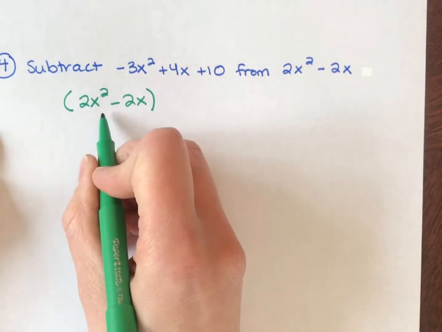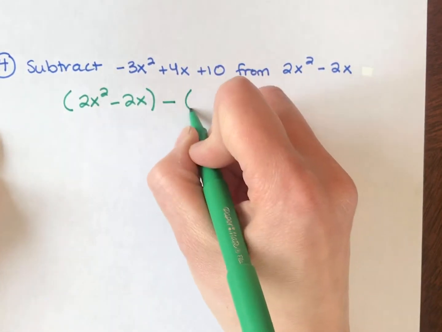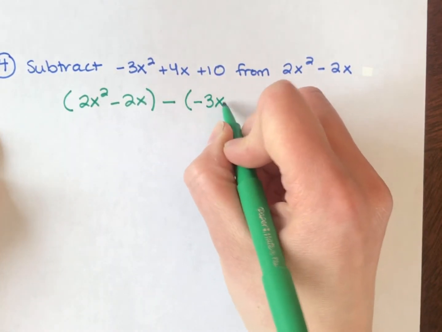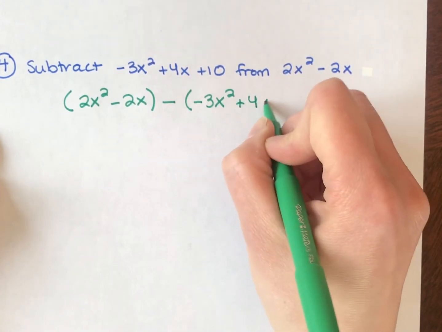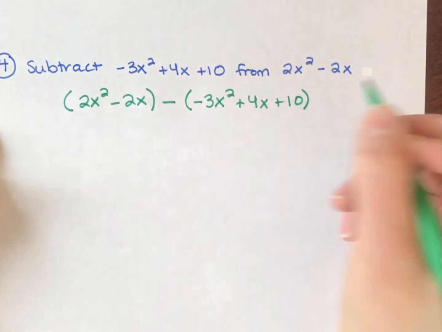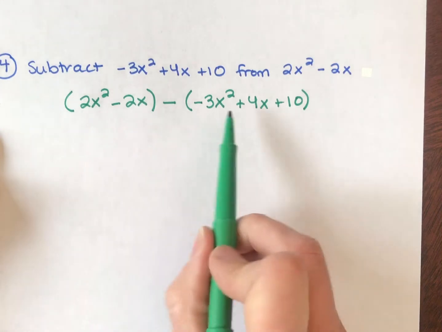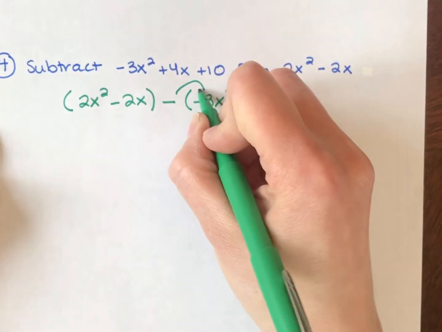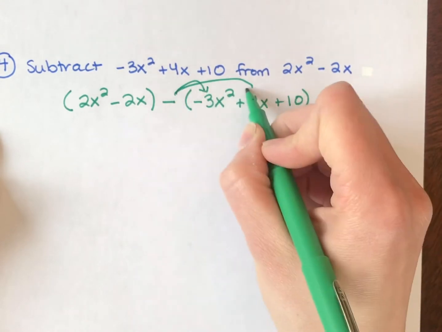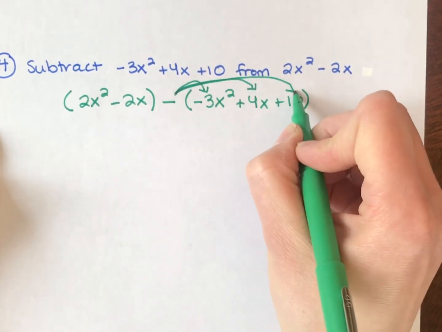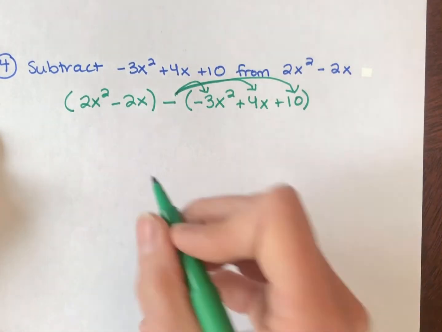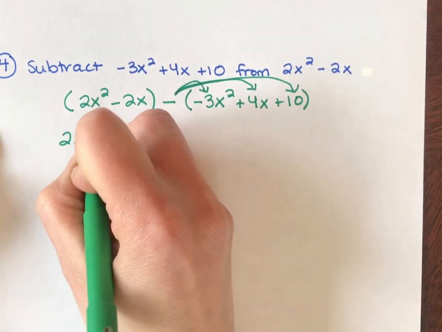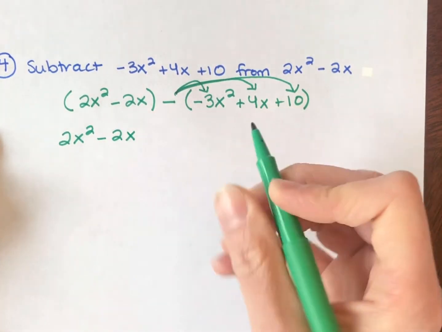I am subtracting from this my other polynomial, negative 3x to the second plus 4x plus 10. Again, I need to distribute that negative to everything in the second parenthesis. I don't change anything about the first parenthesis.